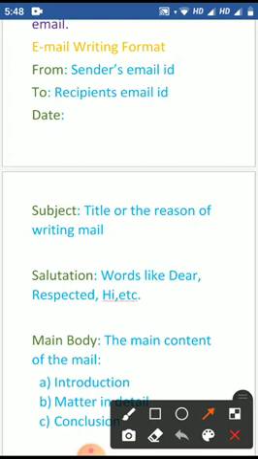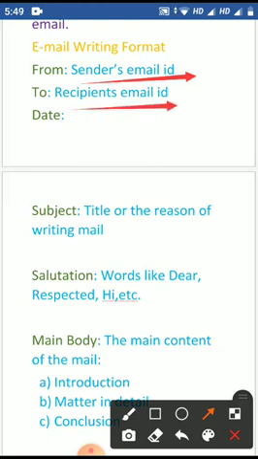First step is we have to write from, means who is writing this email. So here we have to write the sender's email ID. The sender is the person who is writing the mail to the receiver.